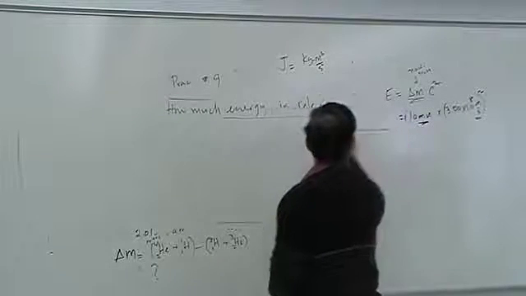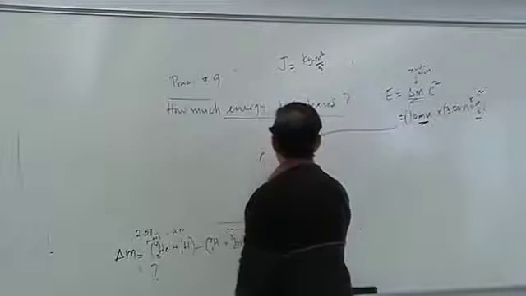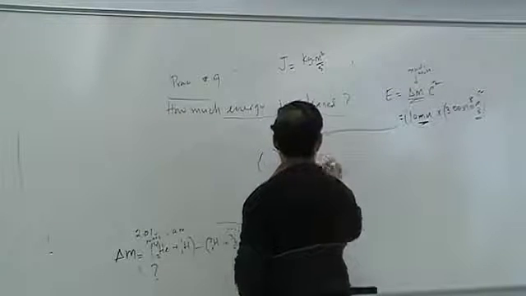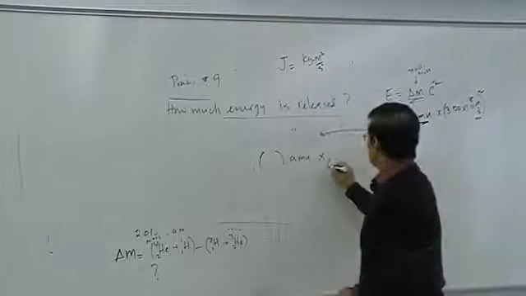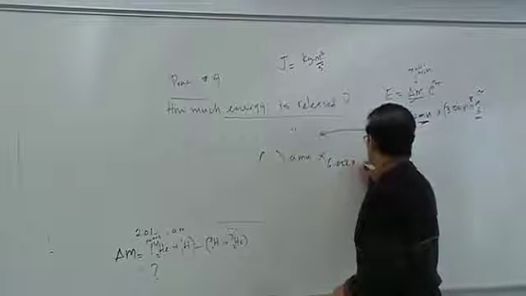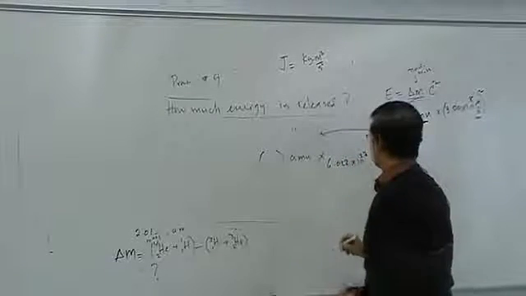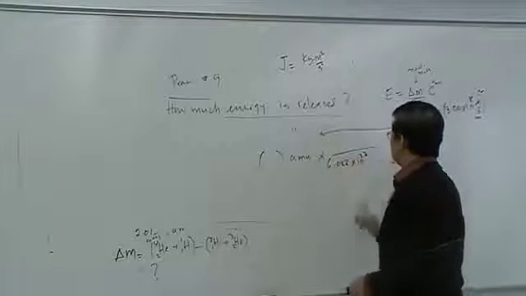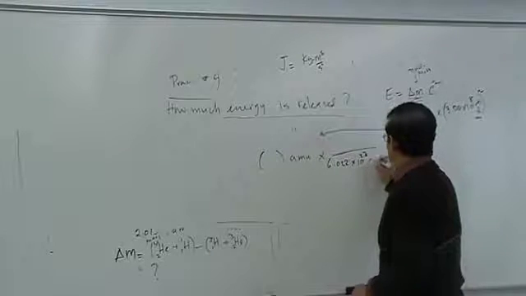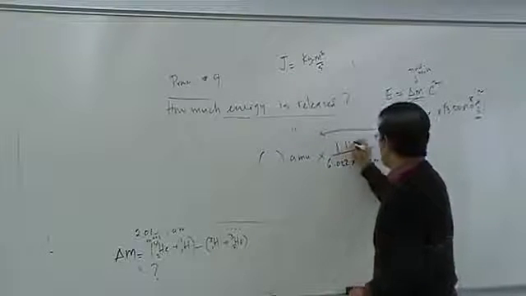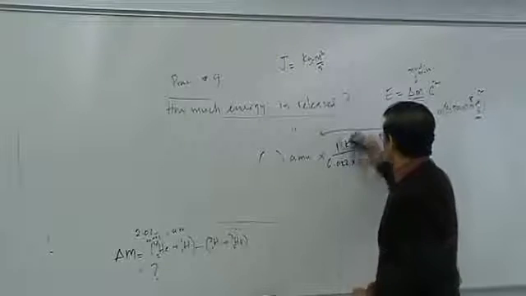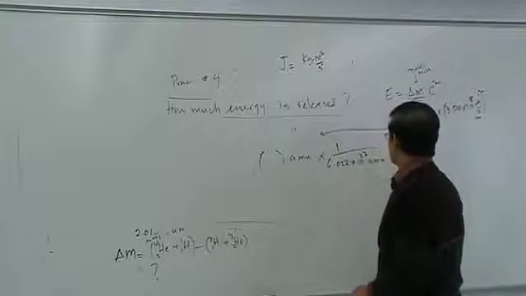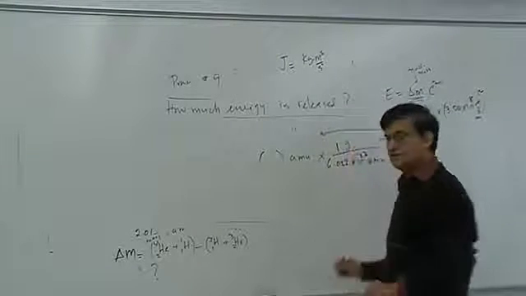So from here, you can get atomic mass unit times 6.022 times 10 to the power 23. That's AMU. That makes the gram. This is the conversion value, same as Avogadro's number.